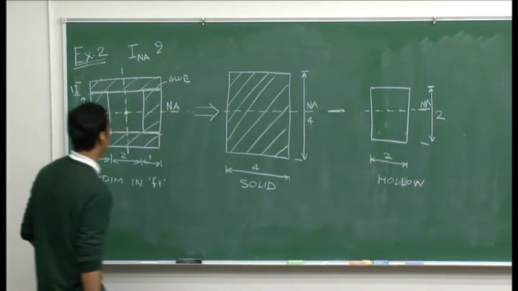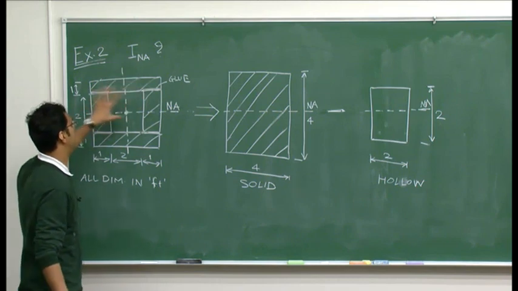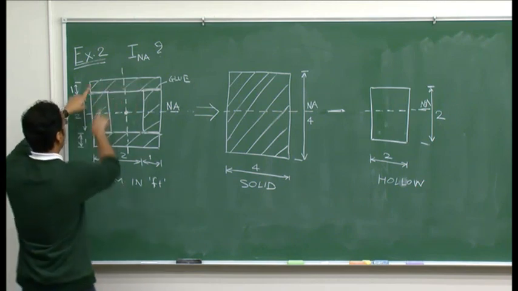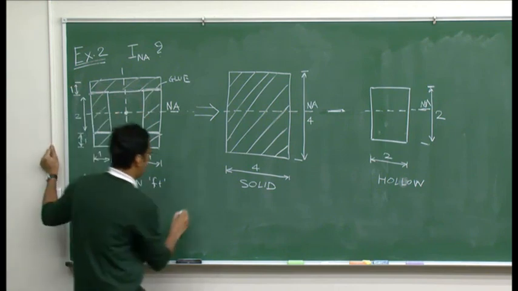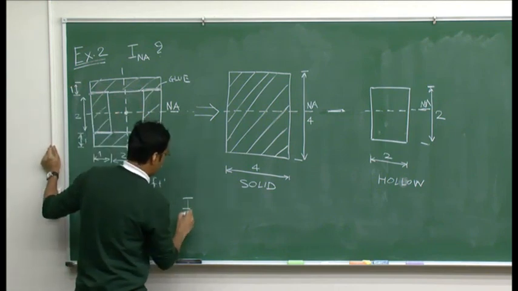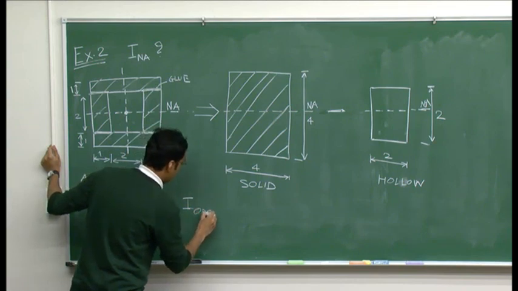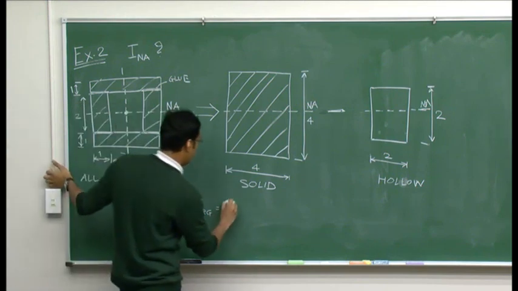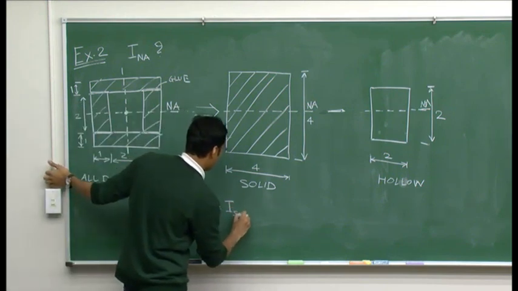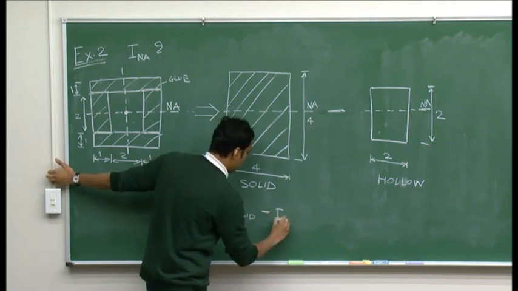Okay? So in order to solve the original problem, which is to find the moment of inertia of this beam with 4 wooden parts and a hole in the center, let's denote this by ORG, which corresponds to the original cross section, and this is given by I of solid minus I hollow.